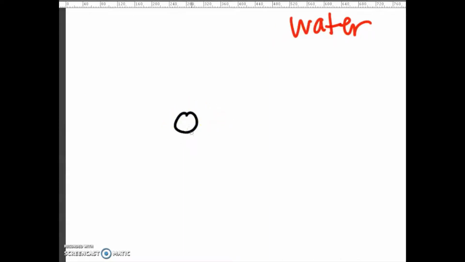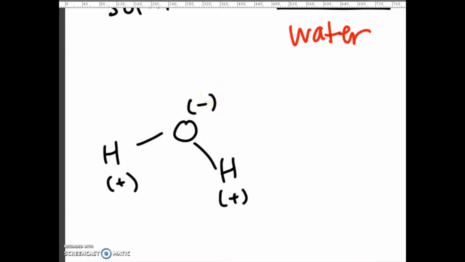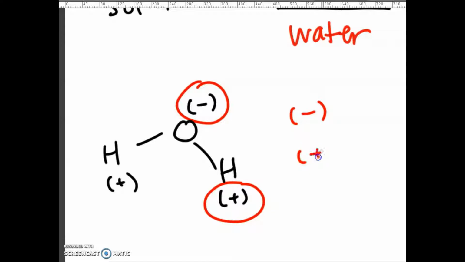Because, as you recall, water structure affects water function, water's job, right? Because it has these positives and negatives, it can interact with anything that also has a positive or a negative, right? Positives go to negatives, and negatives will go to positives, right? Okay.